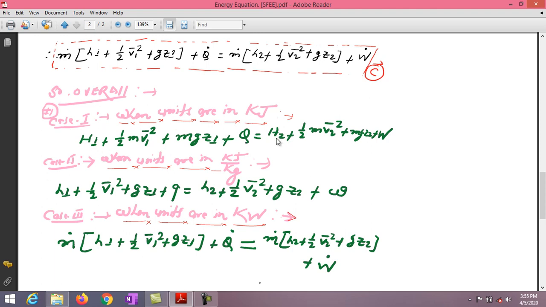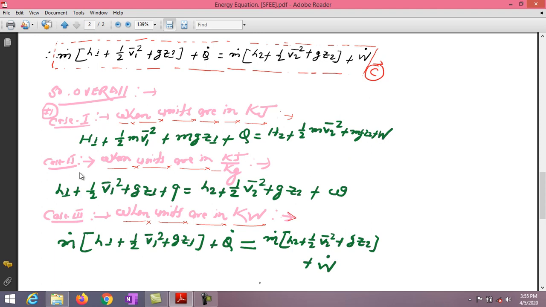This is equal to H2, total enthalpy of air at outlet, plus half m v2 square, total kinetic energy of air at outlet, plus mgz2, total potential energy of air at outlet, plus W. This Q is supplied to the system, that's why it is taken as positive sign, and when heat is supplied we get some work output, that's why this positive sign is taken.